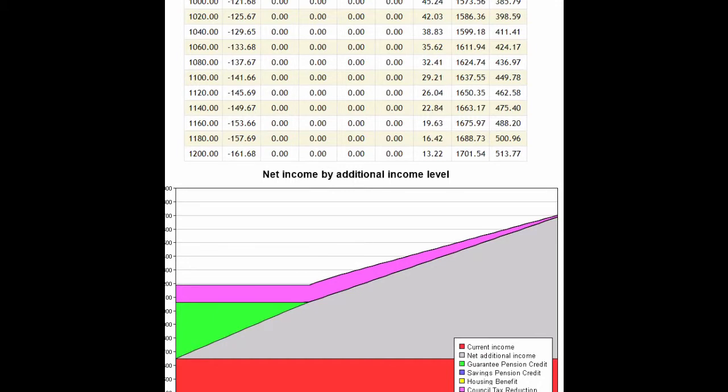And see again that we generate, in this case, this flat line area where there's no real increase in income at all from taking out an equity release product until guarantee pension credit is completely eroded by the income, and then we see that tapering of council tax reduction being what diminishes the real value of the increased income from the equity release product.